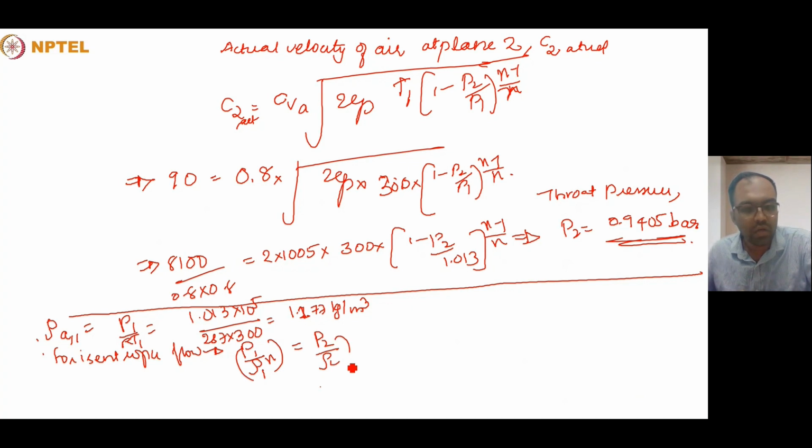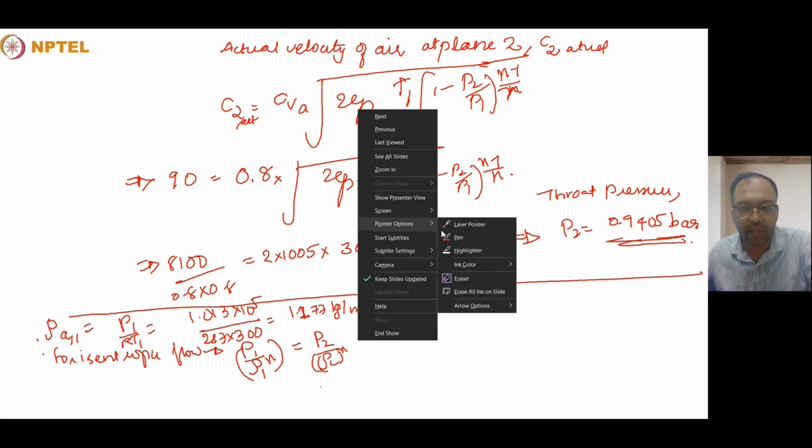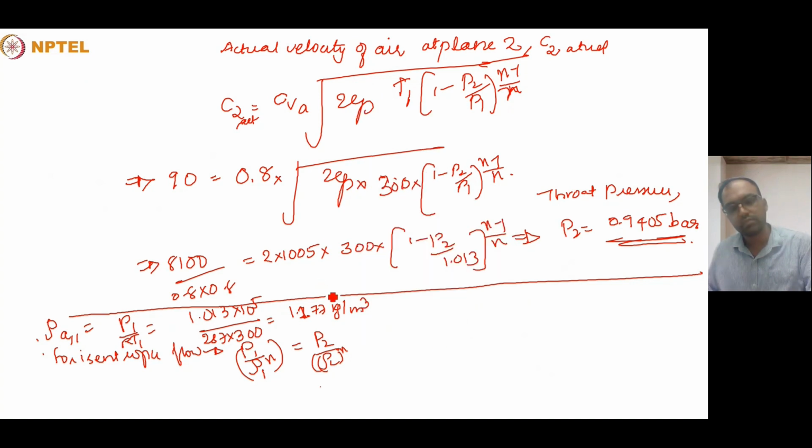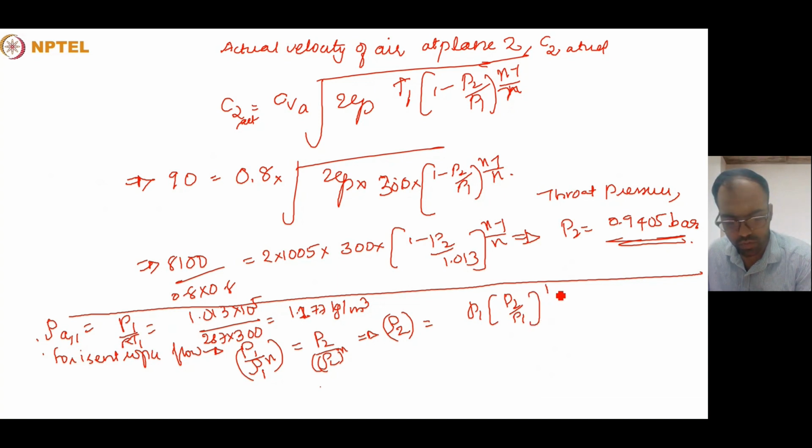So P1 by rho 1 raised to gamma equals P2 by rho 2 raised to gamma. So density at the throat is equal to rho 1 into (P2 by P1) raised to 1 by gamma, equal to 1.177 into 0.9405 divided by 1.013, equal to 1.116 kilogram per meter cube.